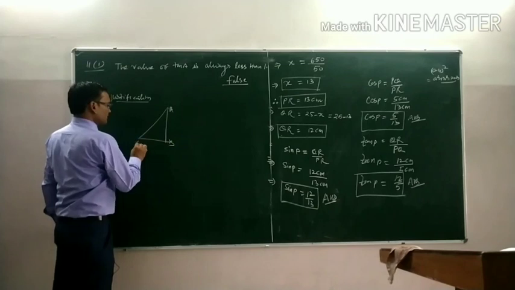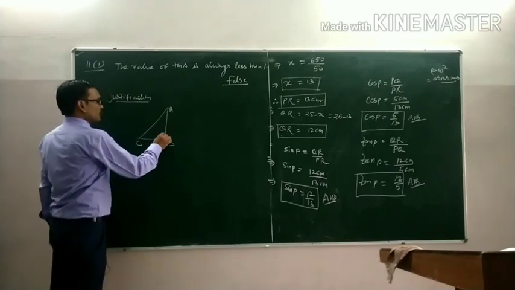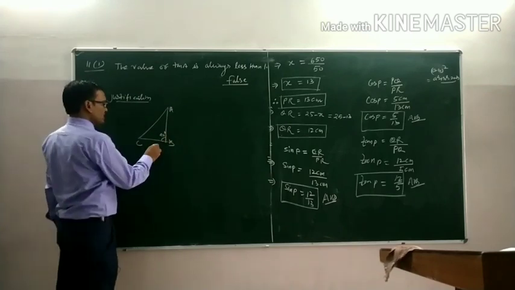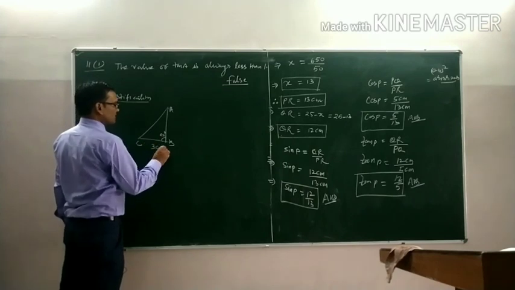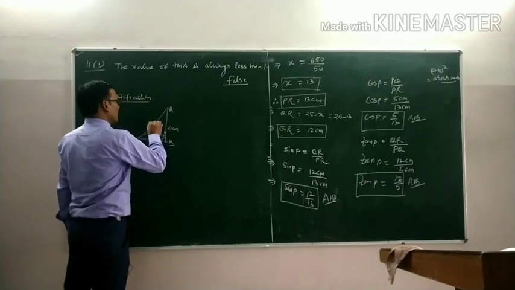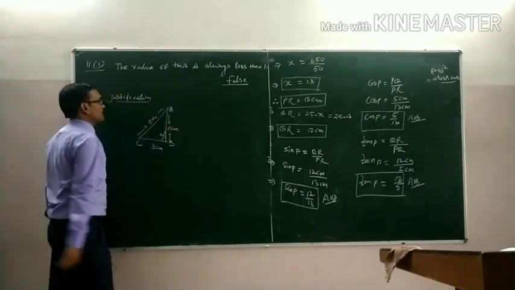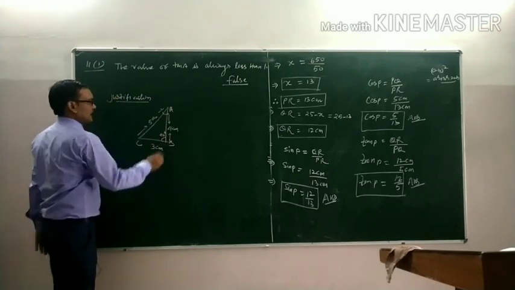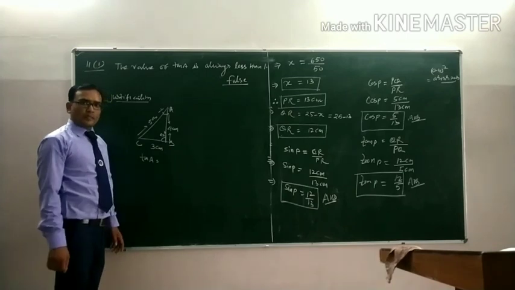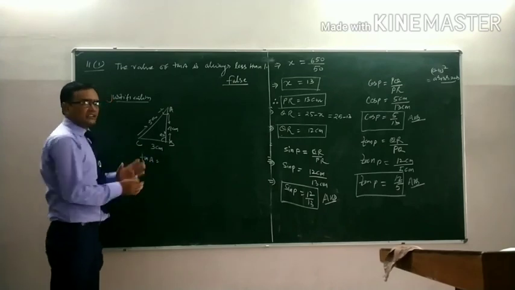Our justification: ABC is a right angle triangle, right angle at B, and we take the sides 3, 4 centimeter and 5 centimeter. Then we find the value of tan A. Tan A equal to, student, perpendicular side upon base.